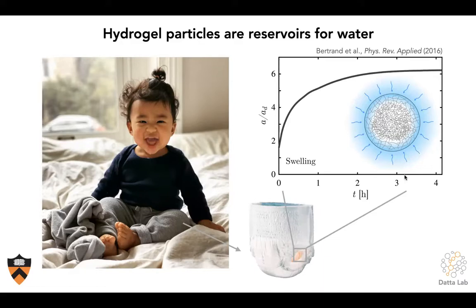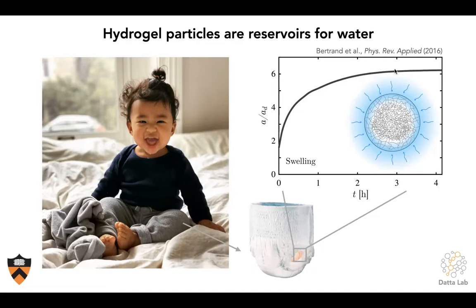And so if you take one of these dry hydrogel particles and put it in water, the polymers want to stretch out and really expand and come into contact with as much water as they can. So this hydrogel swells up, it absorbs water. And so this is a measurement, for example, of the size of a hydrogel over time as it absorbs water.